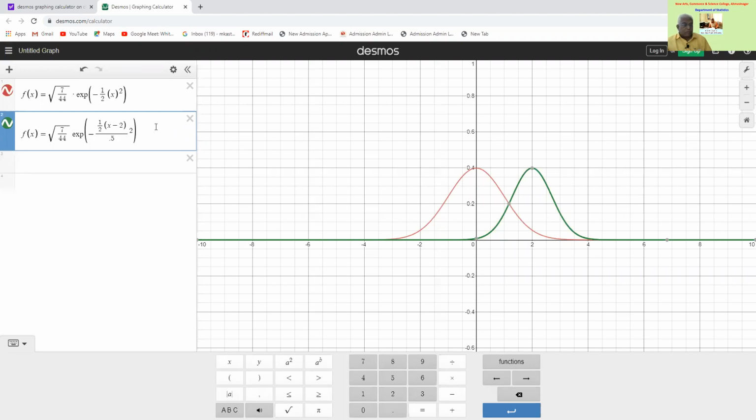Their variances are also different. And therefore, you will see that the reddish one is quite spread over, whereas the greenish one is quite compact.